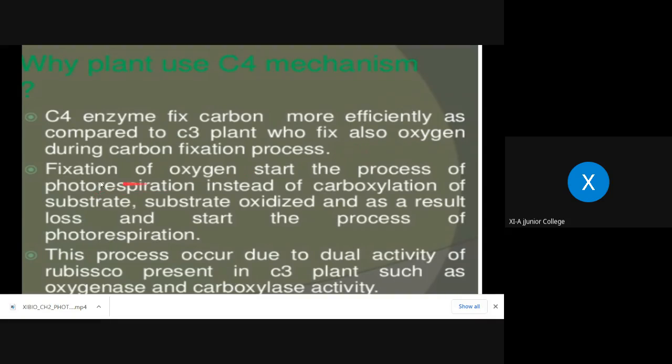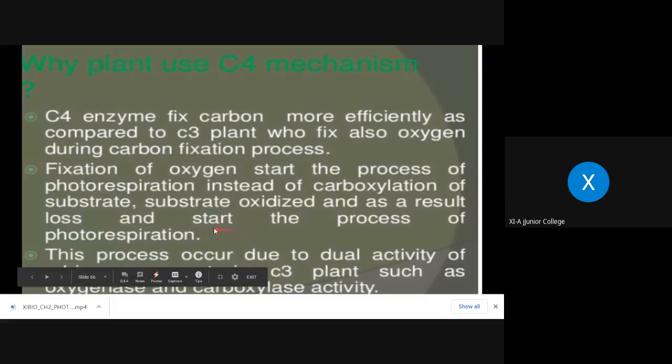So fixation of oxygen starts the process of photorespiration instead of carboxylation of the substrate. That means RUBP is responsible in the case of the C3 pathway. Instead of carboxylation, oxidation takes place, and as a result, what happens? There is loss of carboxylation, meaning the process is slowed down, or the amount of CO2 availability is less.